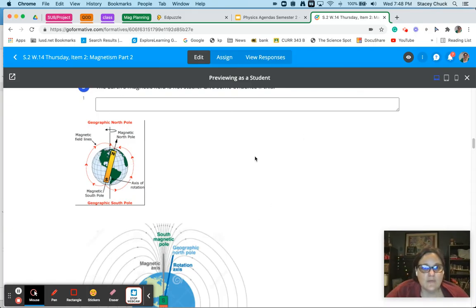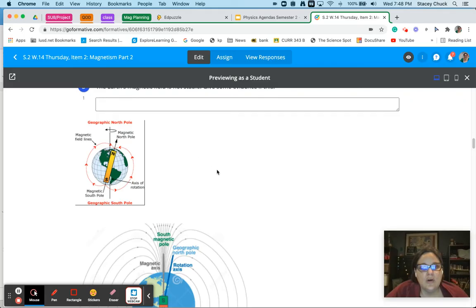So many of you are familiar with what a compass is. A compass is a little device that always points to the north to help you navigate where you are and where you're going. Now, the little red arrow on a compass will point to the geographic North Pole, generally speaking, okay?